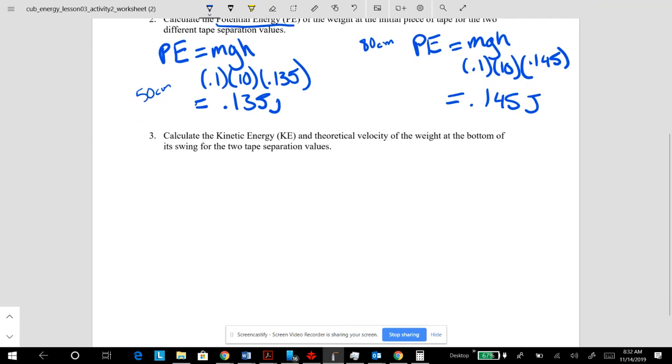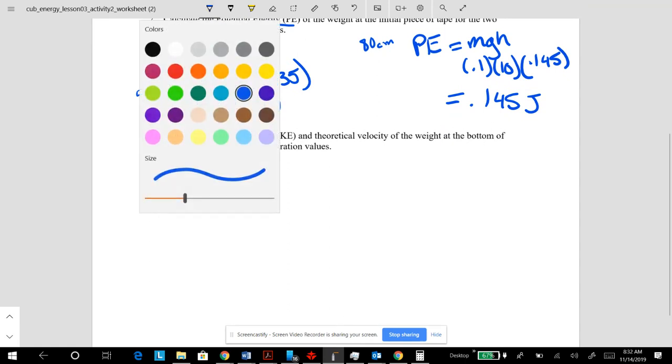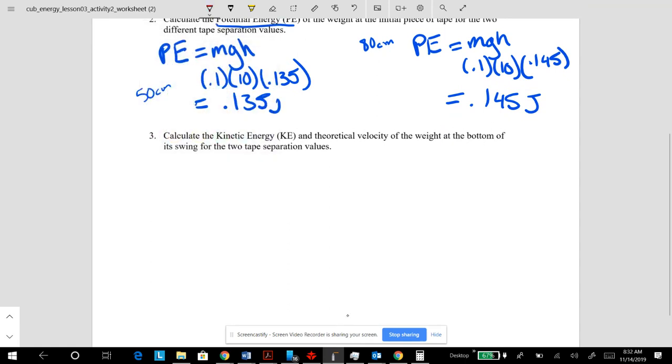All right, this is where it gets tricky, right? I'll use a different color. We'll mix it up. So kinetic energy and theoretical velocity. The kinetic energy equation is mv squared over 2. That's just kinetic energy, right?